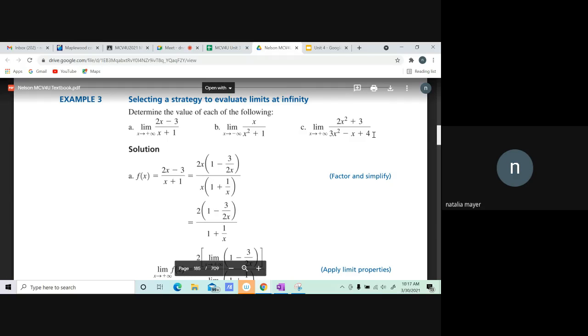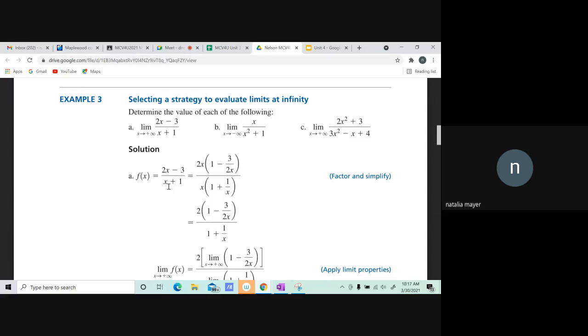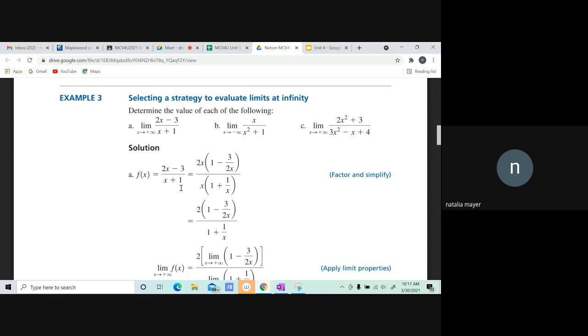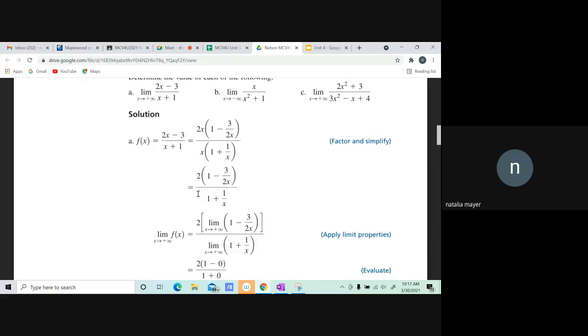You can anticipate, but in your assignment, when you do the curve sketching and analyze the horizontal asymptote, you will have to use the limit as a tool. How? You will see it right now. Let's take the first function, 2x minus 3 over x plus 1. We will rearrange the function in a specific way, which will allow us to evaluate the limit.